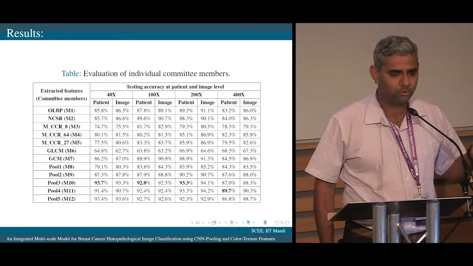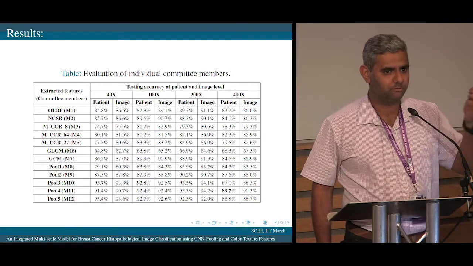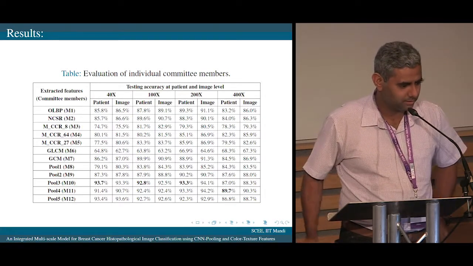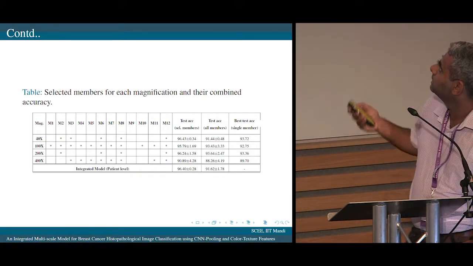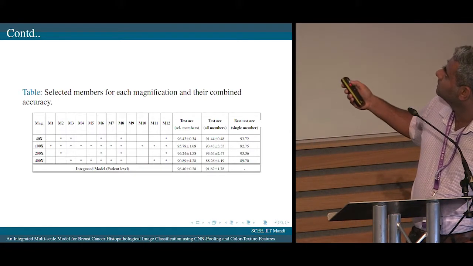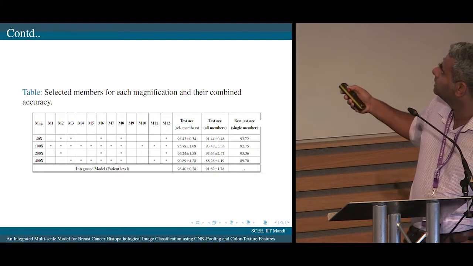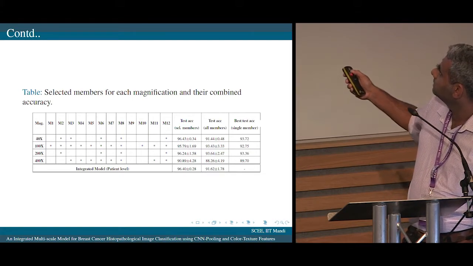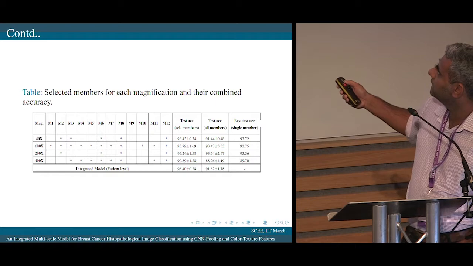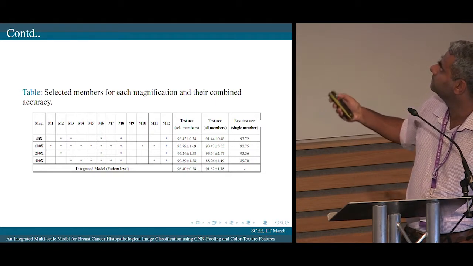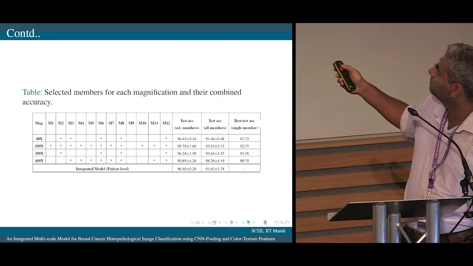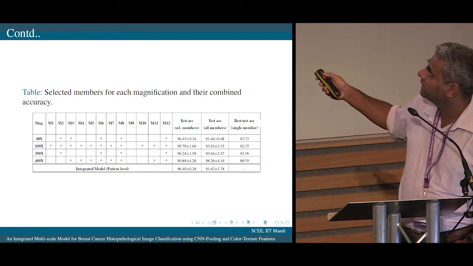So the idea is that there's no one consistent feature which performs equally across all magnifications. Now this is the important part. If you look at the accuracy when we choose all the features, that's here. And if you look at the accuracy when we choose selected features, the ones marked with asterisks, we can actually see that we get a significant jump if we get rid of a few features.